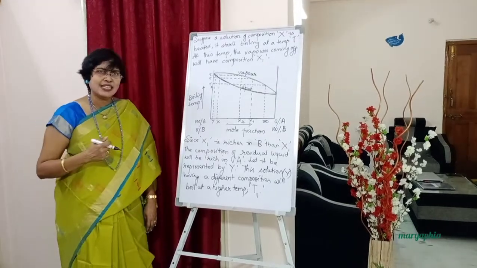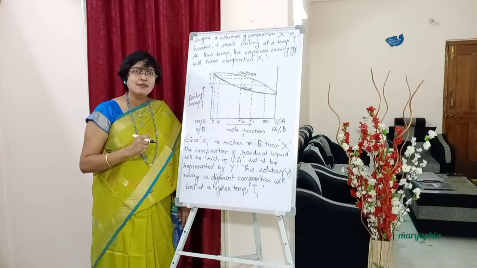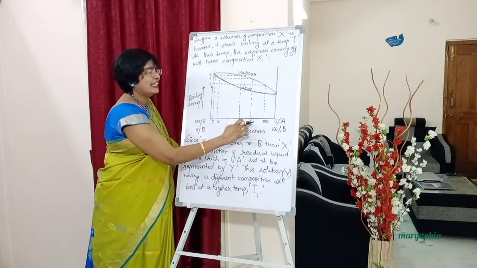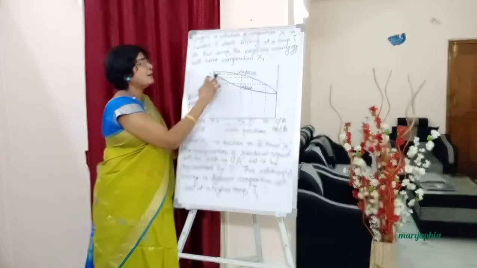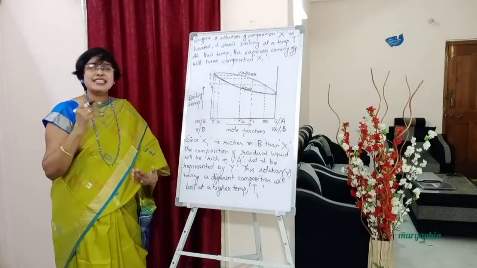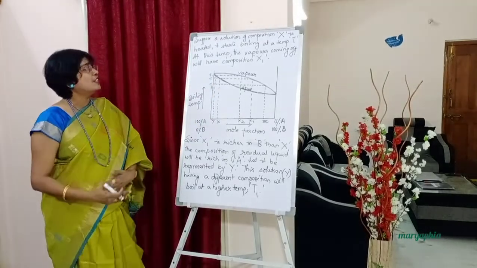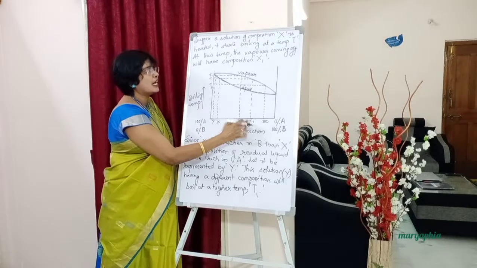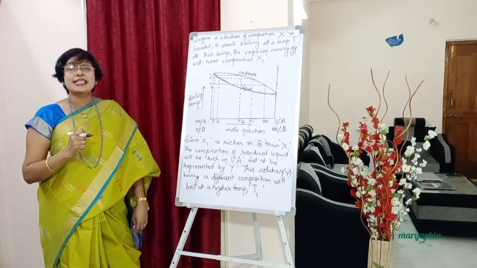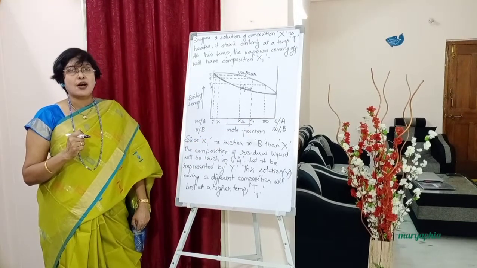Can you find X1 in the graph? Look into the diagram. Where is X1? Here is X1. So the vapors coming off, when we checked for the composition, are represented by X1. Put 'X1' in inverted commas students.